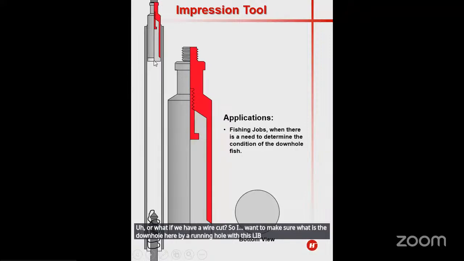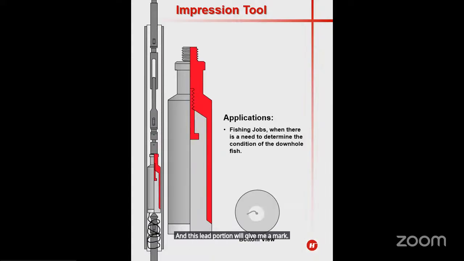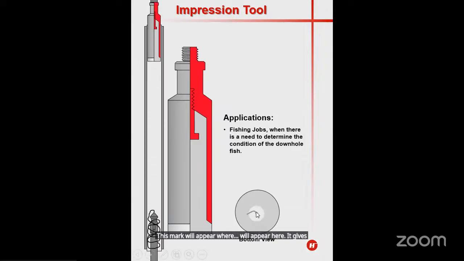The lead portion will give me a mark. This mark will appear here. It gives a mark of a clear rope socket and a wire attached to it. So this can be used in a fishing operation.